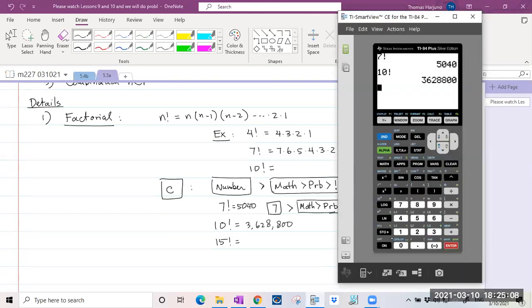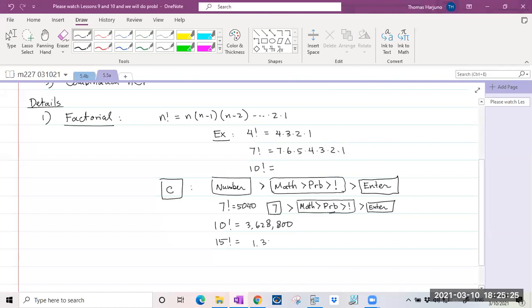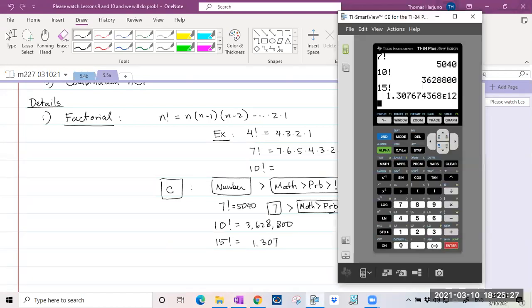How about 15 factorial? 15, math, PRB, exclamation mark. That's 1.307674368 E12. Let me copy all of them down.